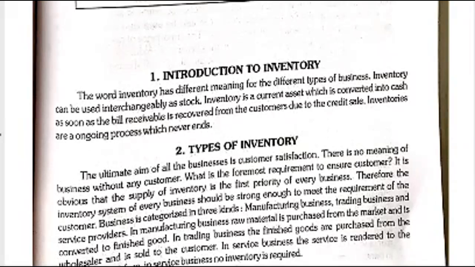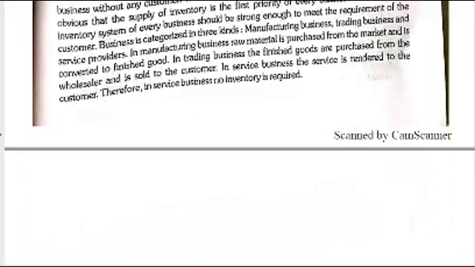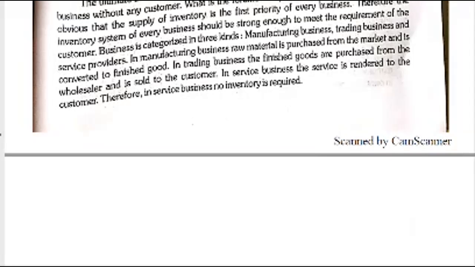In case of service business, the service is provided to the customer and there is no inventory required in service business. You are rendering only the service. This is all about inventory.